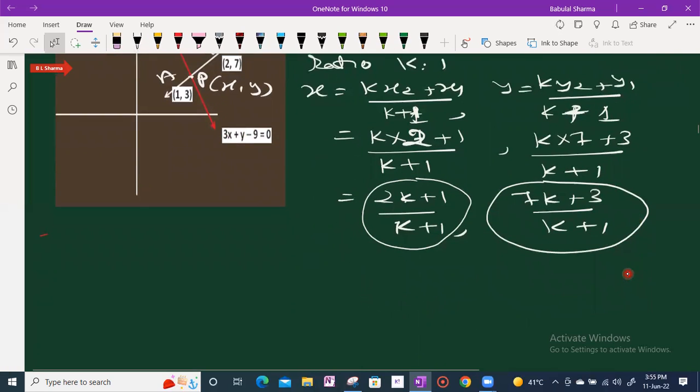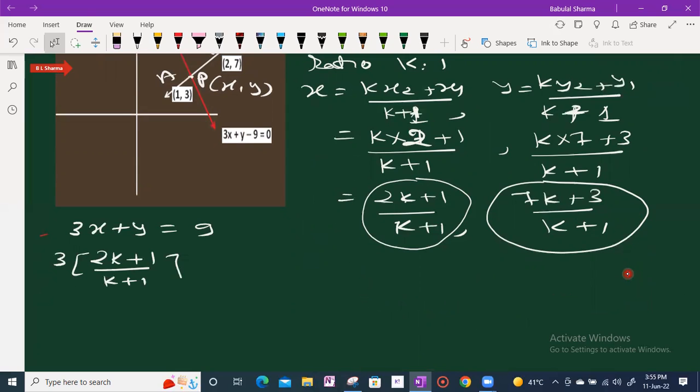So 3x plus y is equal to 9. In place of x we write (2k plus 1) upon (k plus 1), and y is (7k plus 3) upon (k plus 1), that is 9.